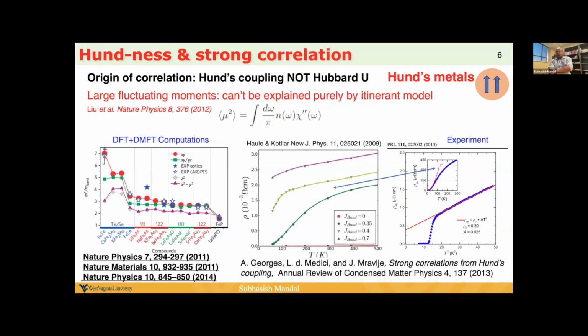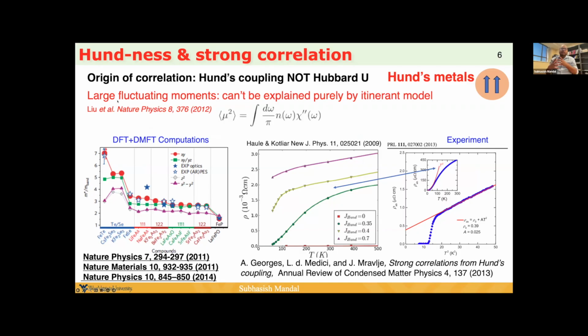Now, we also learned that the origin of the electron correlation in these compounds is not Hubbard U, but Hund's coupling. They're often referred to as Hund's metals. It tries to make parallel spins. And there's a nice review article by Antoine and his colleagues on this Hund's coupling.